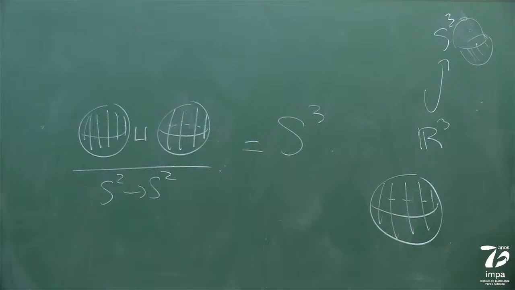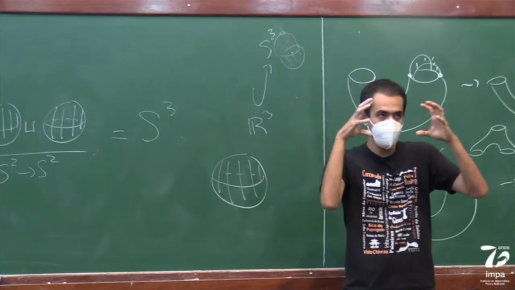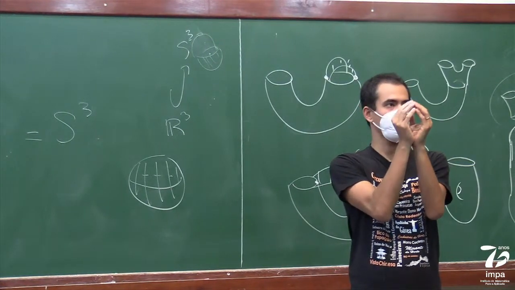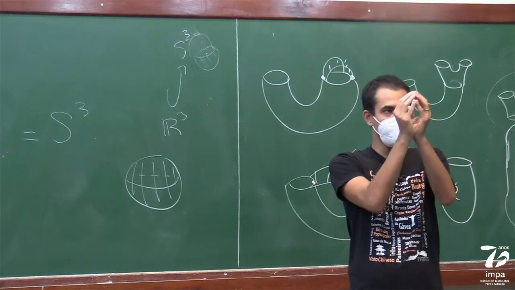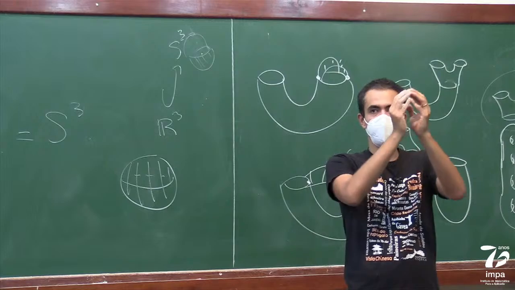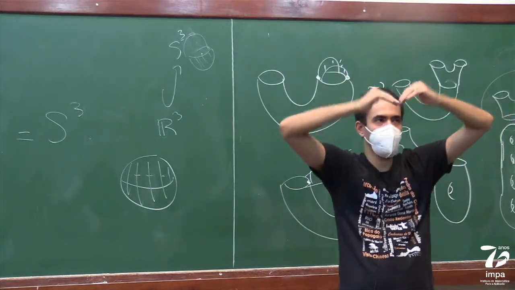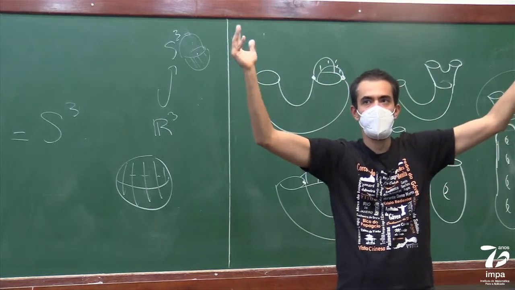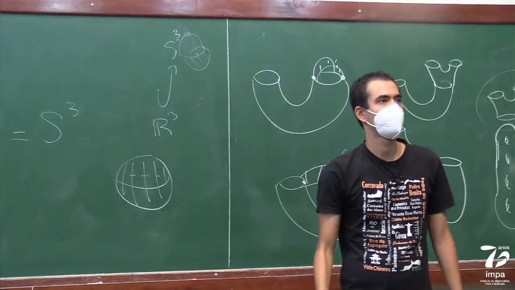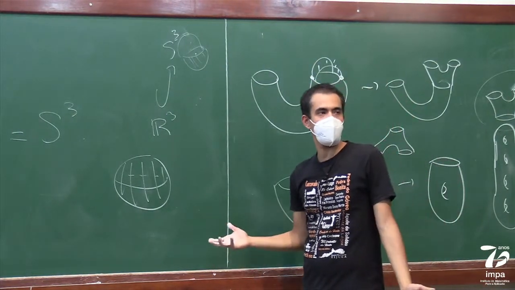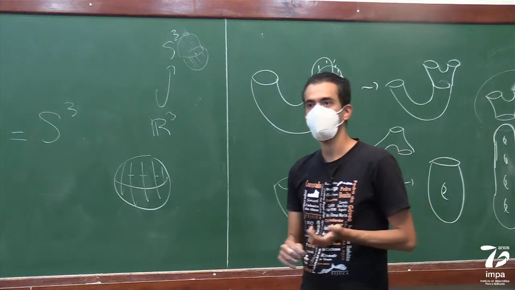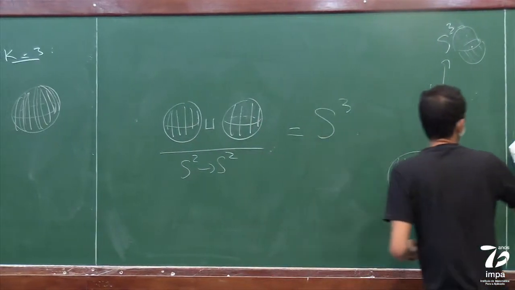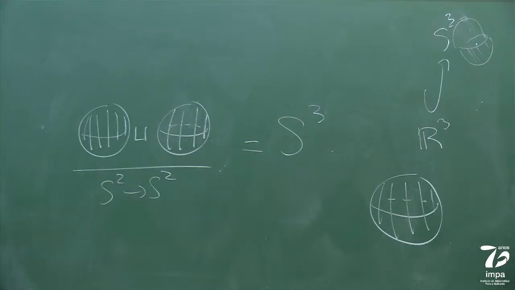So one ball is what's bounded by the sphere in S3, by this S2 in R3. And then the other ball is bounded by the sphere, but on the other side. So everything lying outside of the sphere, plus a point at infinity, is another ball. So that's a way to think about this. Okay? So there we go.